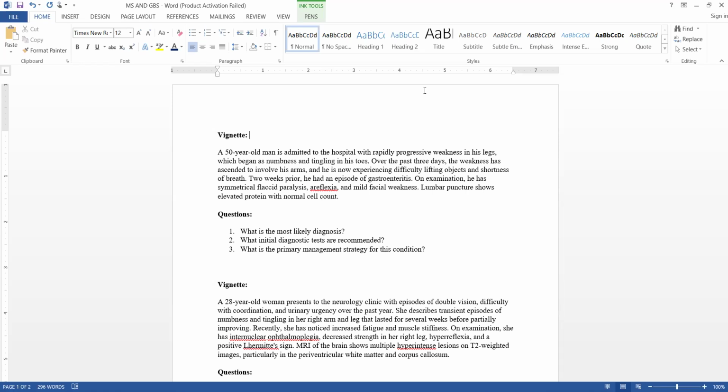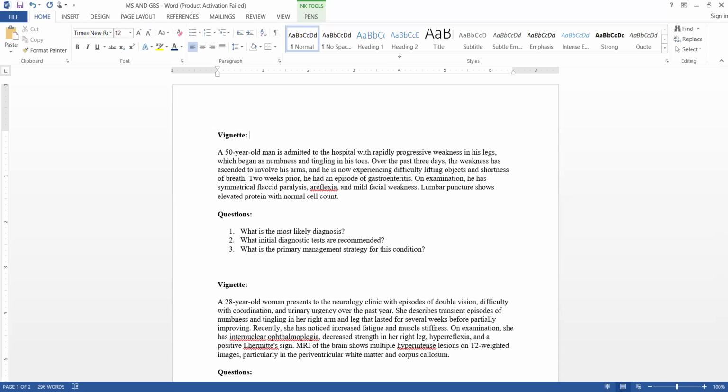Two weeks prior, he had an episode of gastroenteritis. On examination, he has symmetrical flaccid paralysis, areflexia, and mild facial weakness. Lumbar puncture shows elevated proteins with normal cell count.